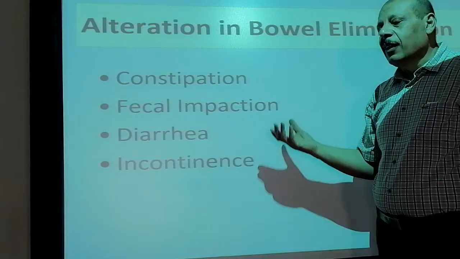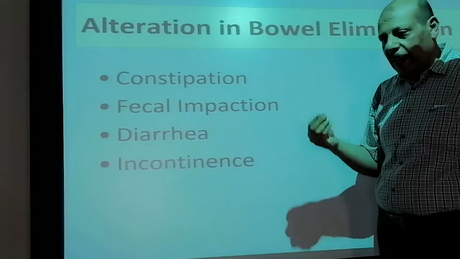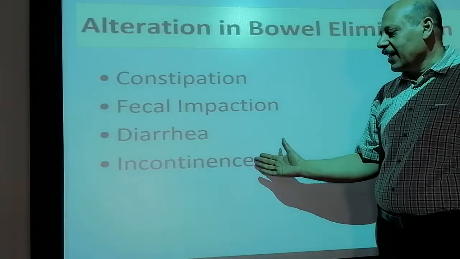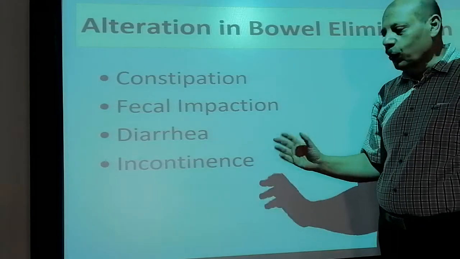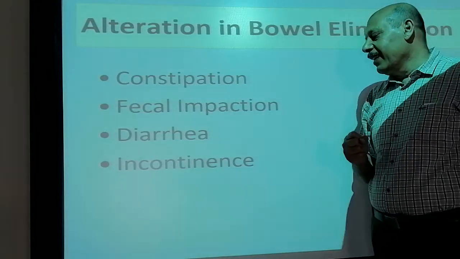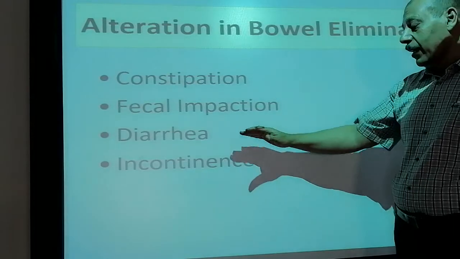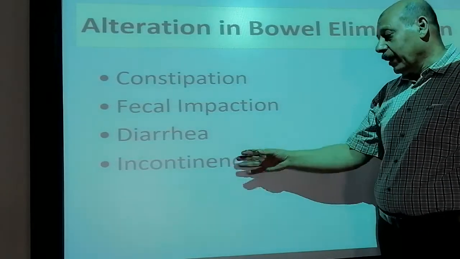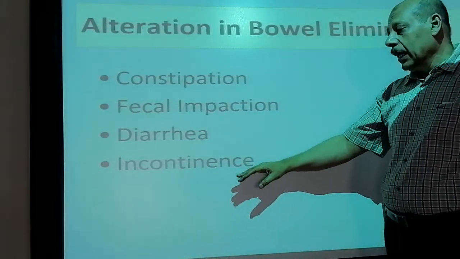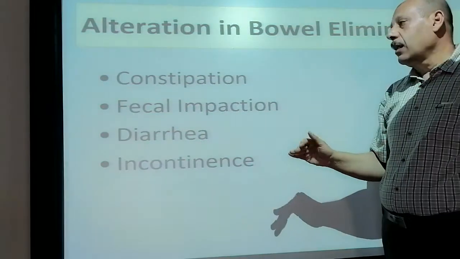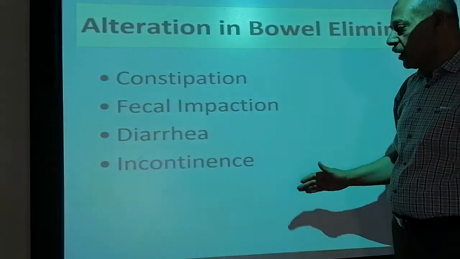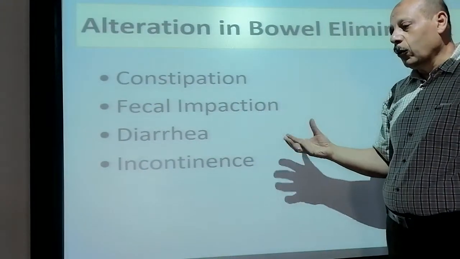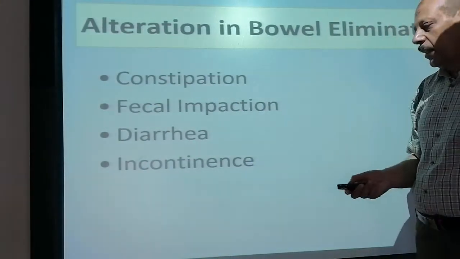Because the stool is mostly liquid, in this case the client is sometimes unable to control the passing of stool properly. But in most cases, incontinence is due to spinal injury, so it is due to the innervation.